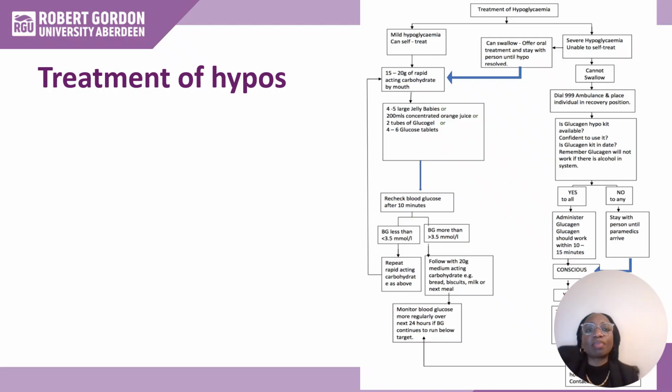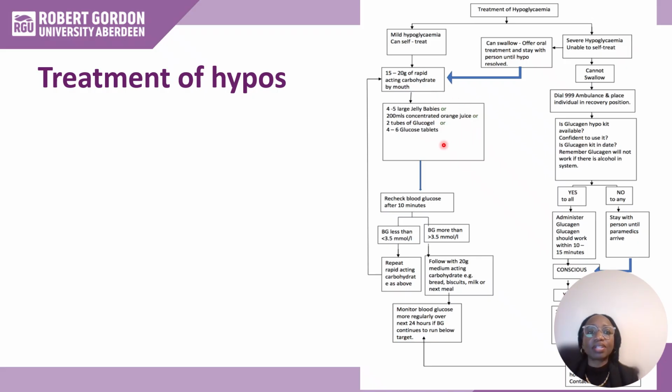So the treatment of hypoglycemia, I thought I would include this here. We have mild hypoglycemia where somebody is still awake and can treat themselves. Importantly here, they need a rapid acting carbohydrate taken by mouth right away. It should be at least 15 to 20 grams of a rapid acting carbohydrate.